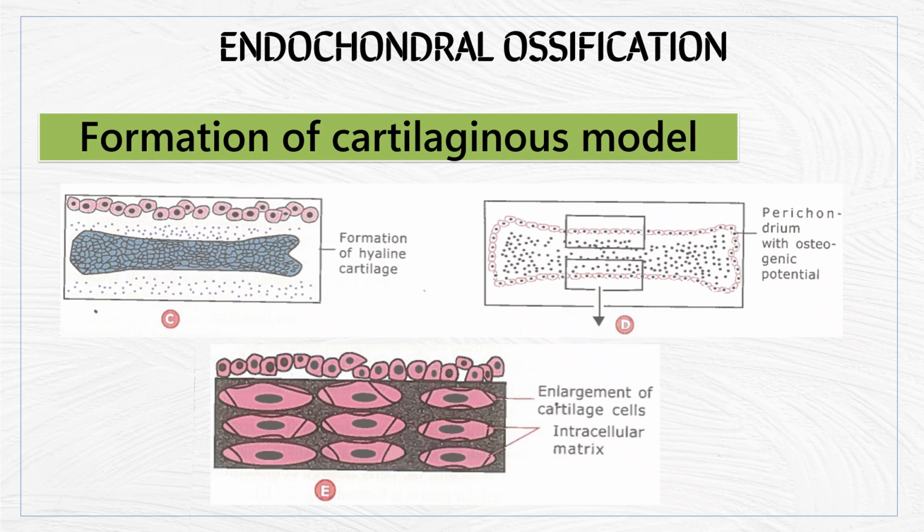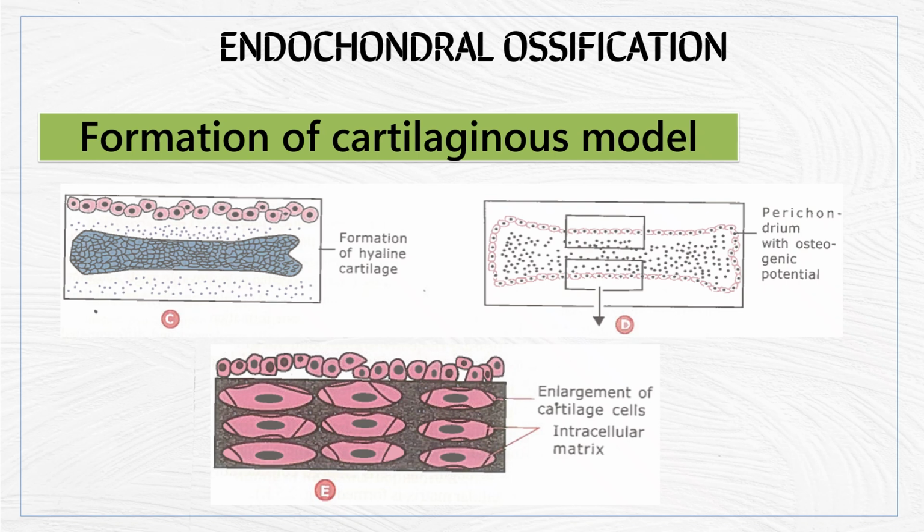So once the cartilage forms in the center and the perichondrium contains blood vessels and osteogenic potential that surrounds the formation of cartilage, the enlargement of cartilage takes place with the intracellular matrix in it.